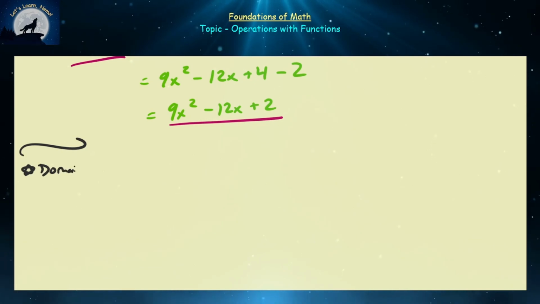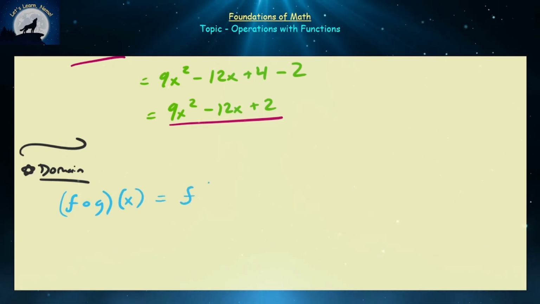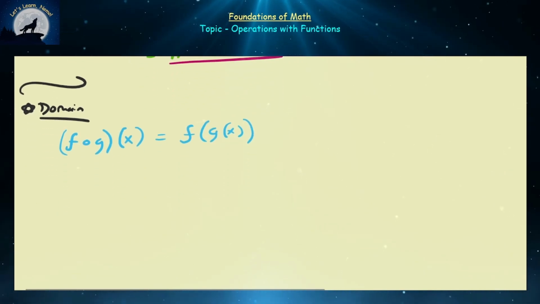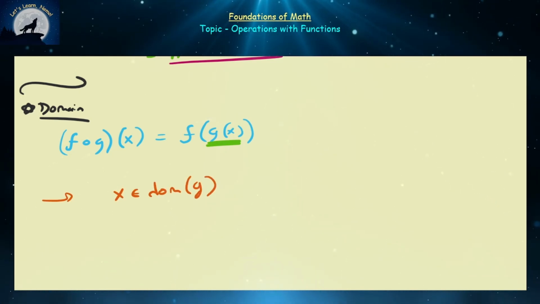Now, how can we find the domain of the composition of functions? Let's be very careful on how we write this. Again, f composed with g of x is defined to be equal to f of g of x. What is necessary for this to be defined? Obviously the input of f needs to be defined, so the range of g must exist for input value x. So we can clearly see that x must belong to the domain of g, and g of x is a number as well and must belong to the domain of f.